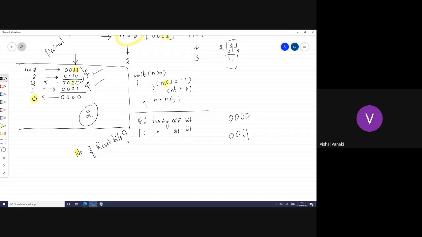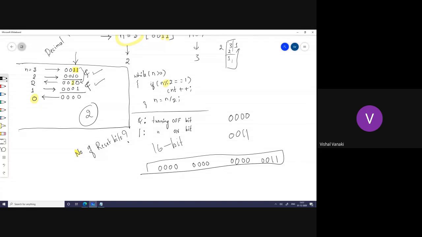But actually inside a memory, if it is a 16-bit compiler, we will have a 16-bit representation. So in 16-bit the number of reset bits is 14, and if it is 32-bit, the number of reset bits is 30. Correct? So how to count the number of reset bits?